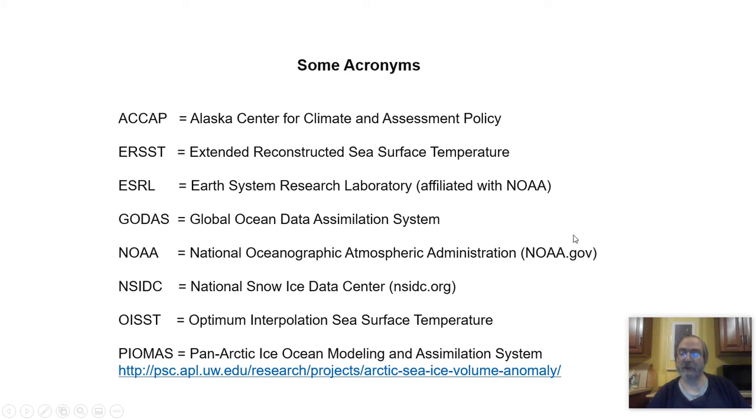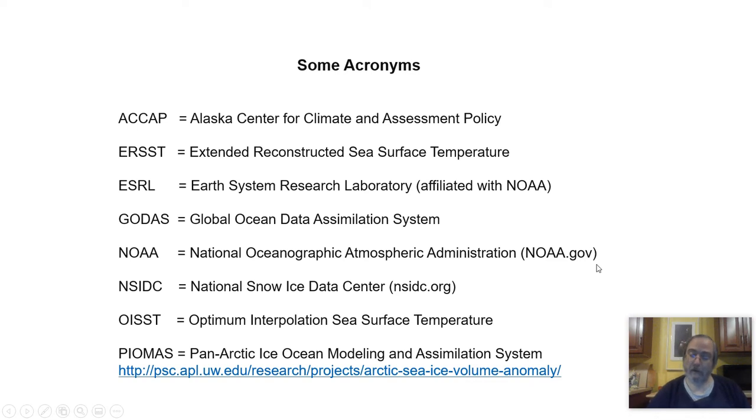That's the website, noaa.gov. NSIDC is the National Snow Ice Data Center, nsidc.org. They're located in Boulder, Colorado. And then you have the OISST, which is the Optimum Interpolation Sea Surface Temperature. And finally, PIOMAS, Pan-Arctic Ice Ocean Modeling Assimilation System. There is the URL. They have some excellent information there if you wish to go and check it out.